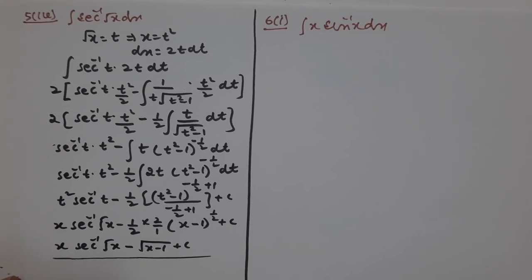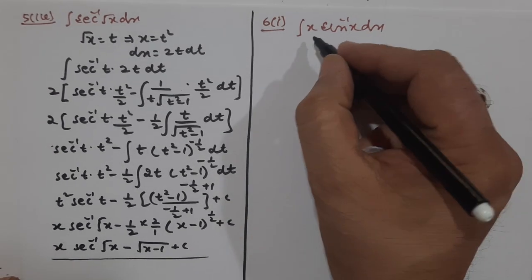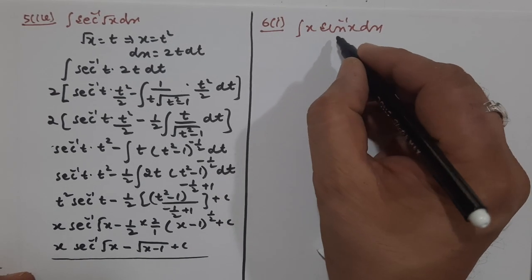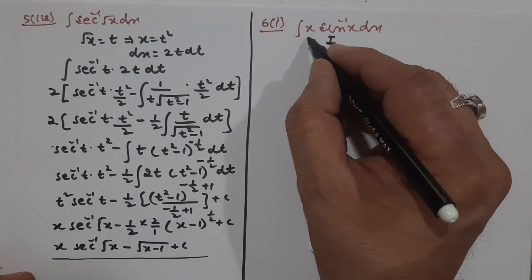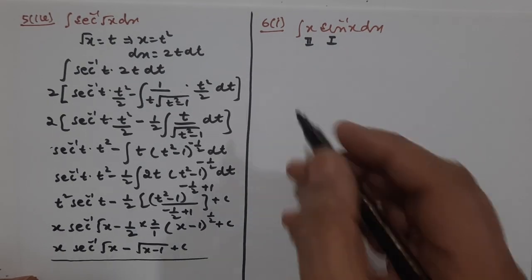Now the next question, sixth first part, integral of x sine inverse x. So here one function is algebraic, other is the inverse function. So according to ILATE, taking inverse function as first function and x as second function.